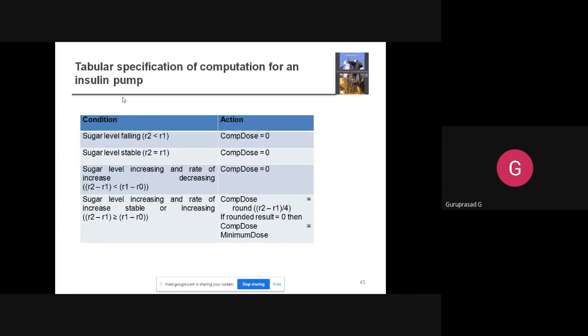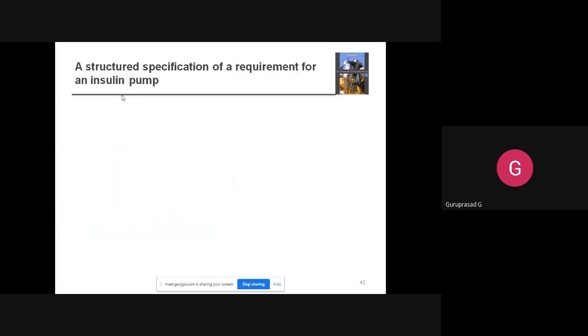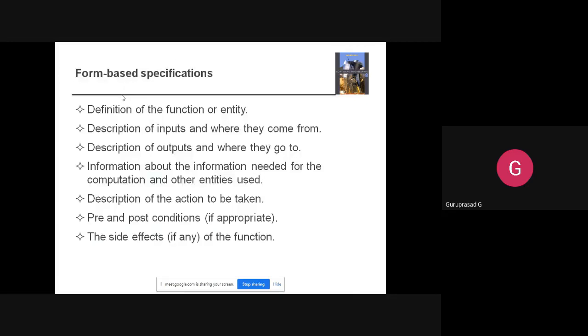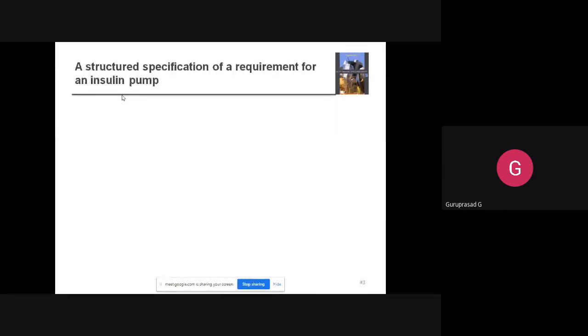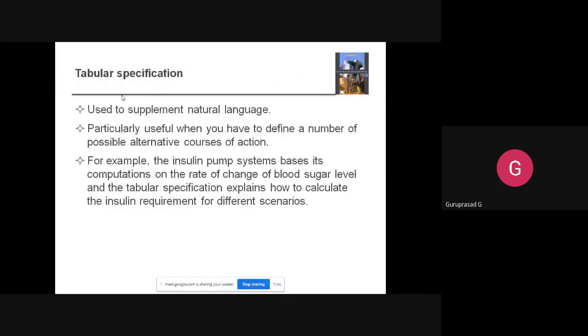You see that it is easy to understand. Why? Because it is written in a better way, correct? The most common approach is natural language, when you use your common English. But the next form we call the tabular specification. We use this when we want to define a number of alternative courses of action.